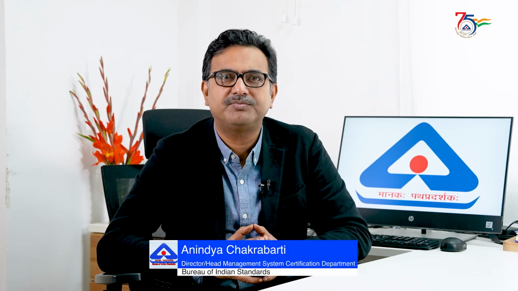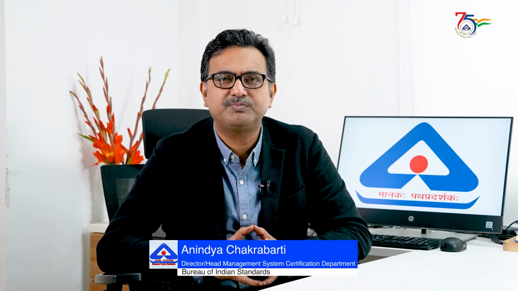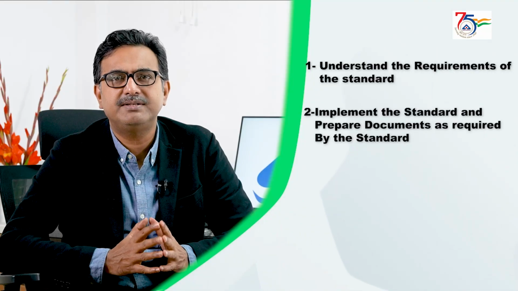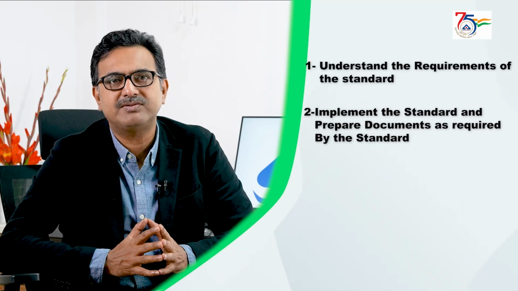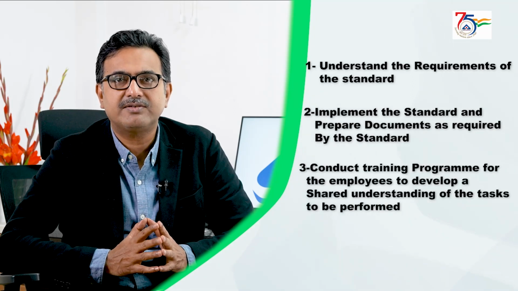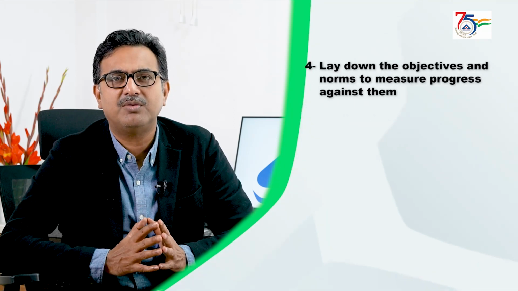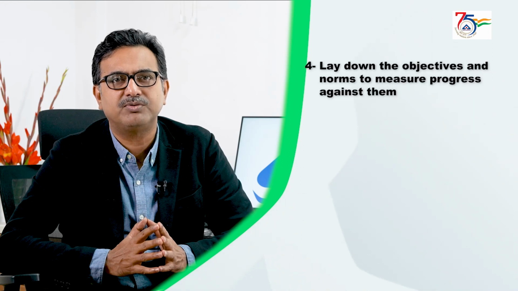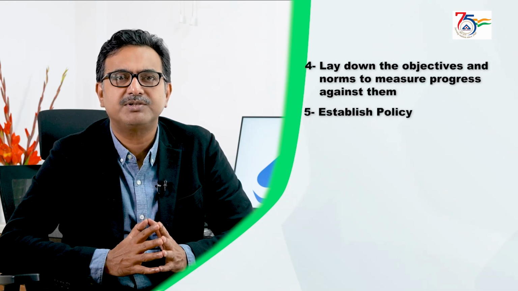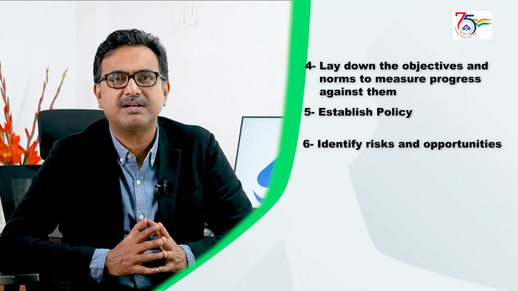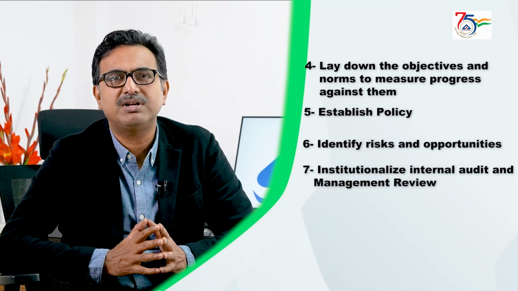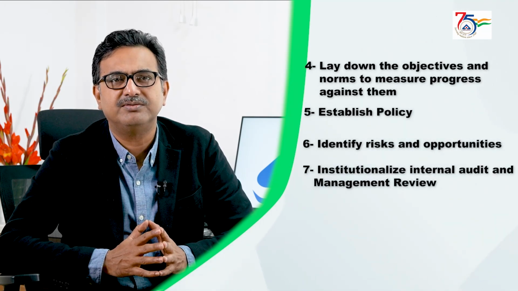An organization desirous of obtaining system certification as per HACCP has to do the following: understand the requirements of the standard, implement the standard and prepare documents as required by the standard, conduct a training program for the employees to develop a shared understanding of the tasks to be performed, lay down the objectives and norms to measure progress against them, establish policy, identify risks and opportunities, institutionalize internal audit and management review.